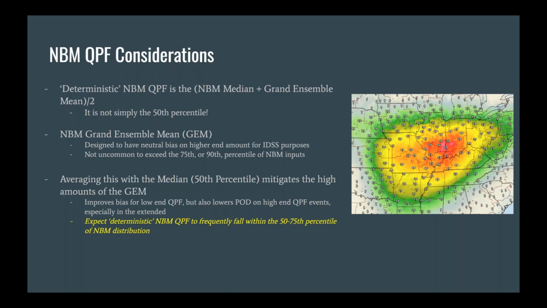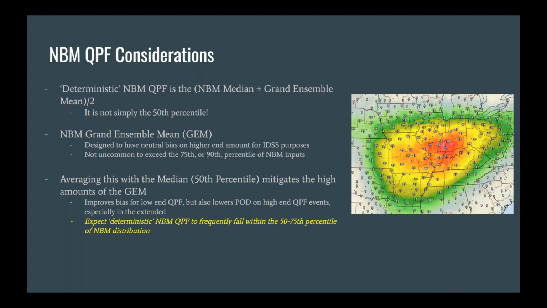The grand ensemble mean was designed to have neutral bias on higher end amounts for IDSS purposes. It was really designed as kind of an IDSS QPF as a way to communicate high end potential. So it was not at all uncommon to see the NBM deterministic QPF exceed the 75th or 90th percentile of the NBM inputs. That changed in late March.